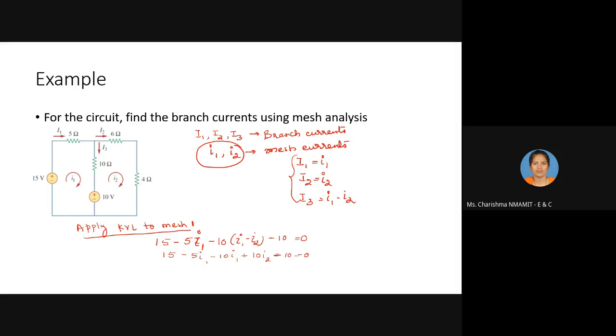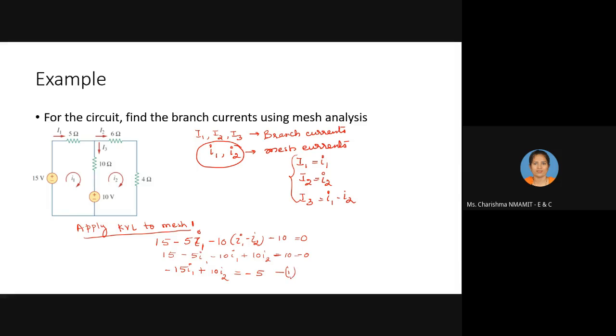Okay. Or minus 5I1 minus 10I1, it is minus 15I1, plus 10I2. 15 minus 10, that is 5. So I will bring it to the other side, so it will become minus 1.